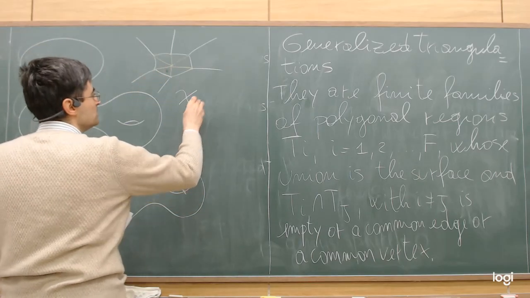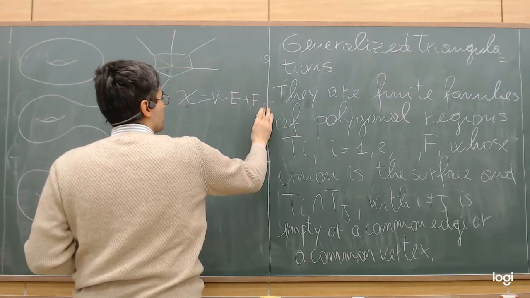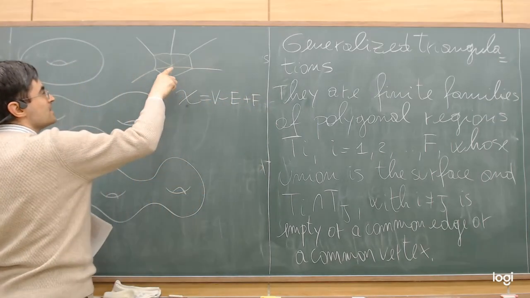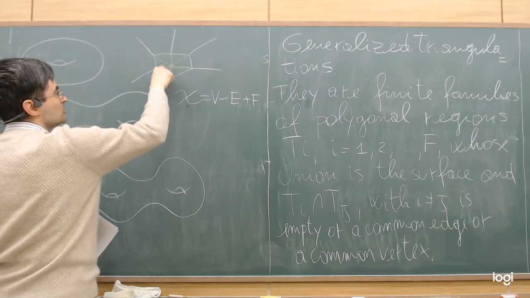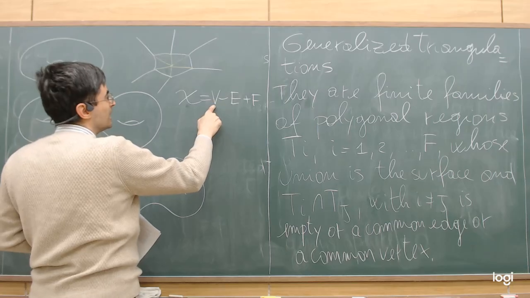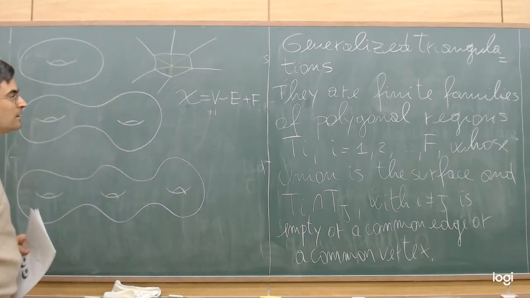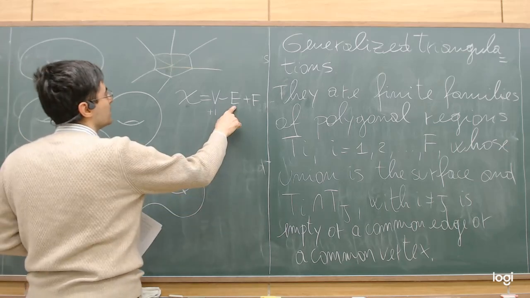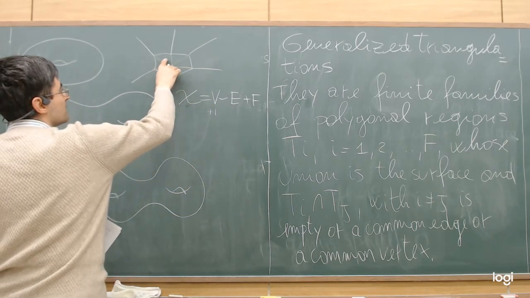So, for example, if you replace this polygon by these 6 triangles, it's easy to see that the number of vertices increases by 1. The number of edges increases by 1, 2, 3, 4, 5, 6.